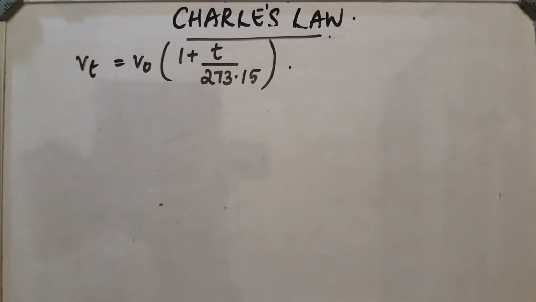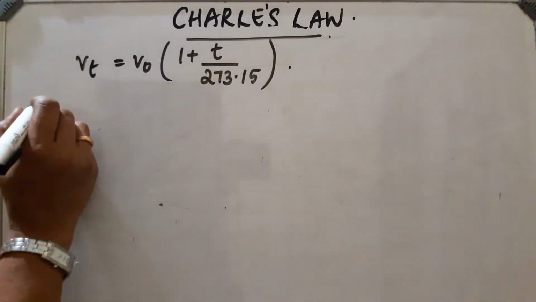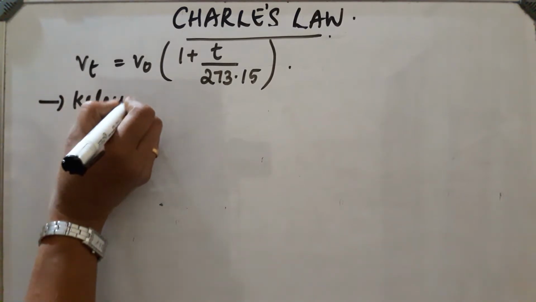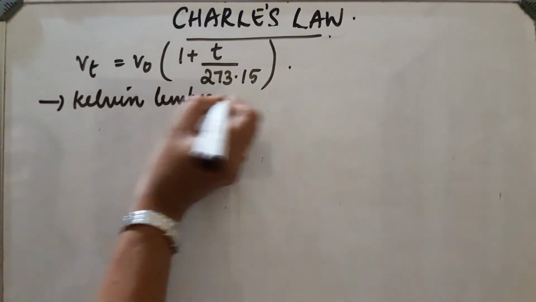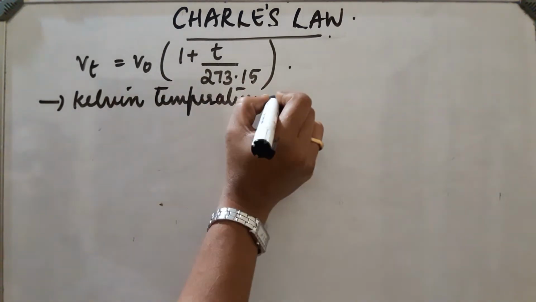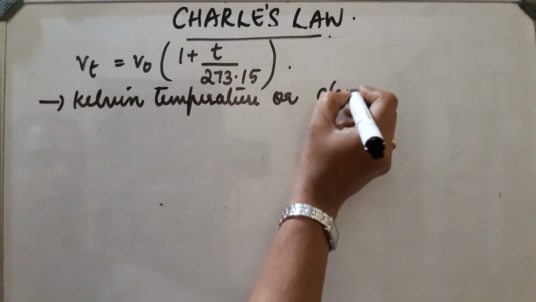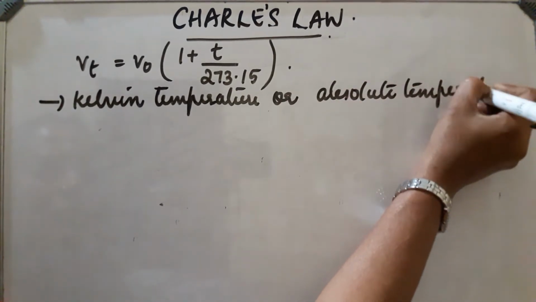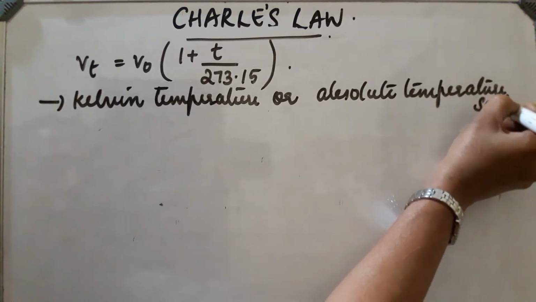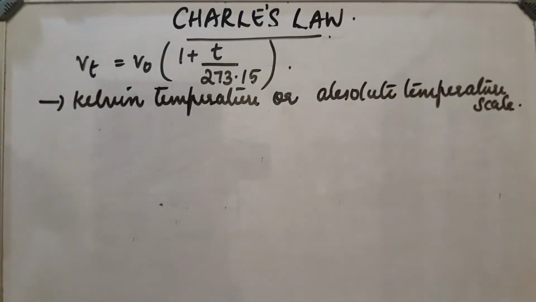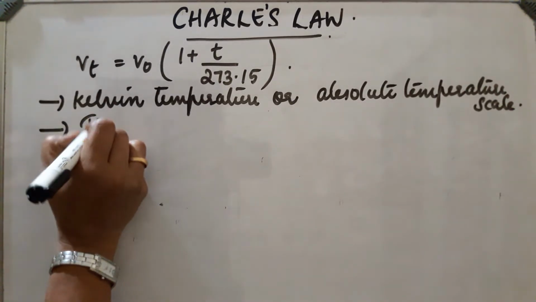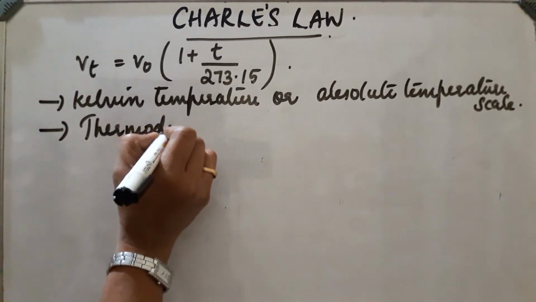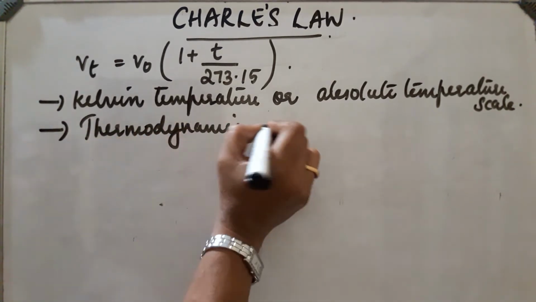For convenience, they introduced a new scale called the Kelvin temperature scale, or absolute temperature scale. This new temperature scale is also known as the thermodynamic temperature scale.